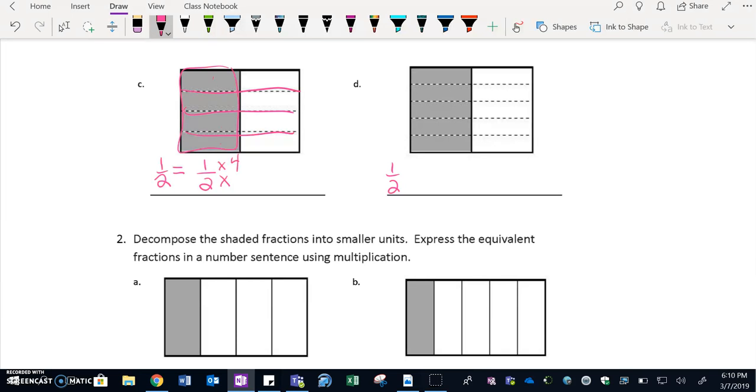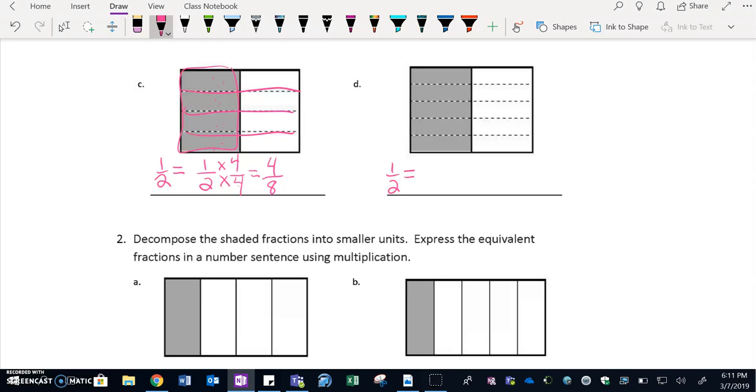So my unit is now 4 pieces, and my whole thing is now cut into 4 pieces. So I increase the size by 4. I'm sorry, I increase the pieces by 4. The size of the shaded amount is still the same. So 1 times 4 is 4, 2 times 4 is 8, and I should have 1, 2, 3, 4 shaded pieces out of 8 in all.